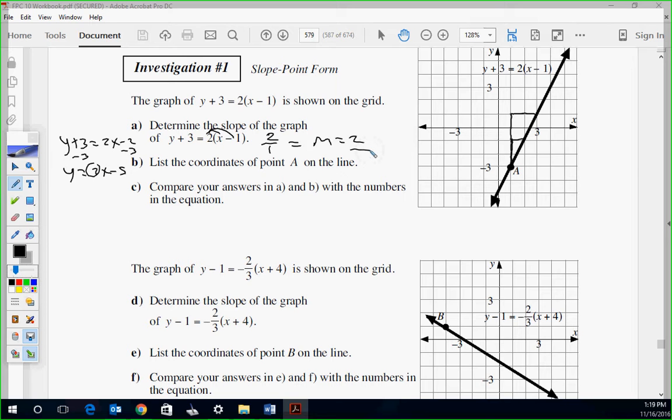Okay, so list the coordinates of point A on the line. So what is point A? 1, negative 3. Okay, compare your answers in A and B with the numbers in the equation.